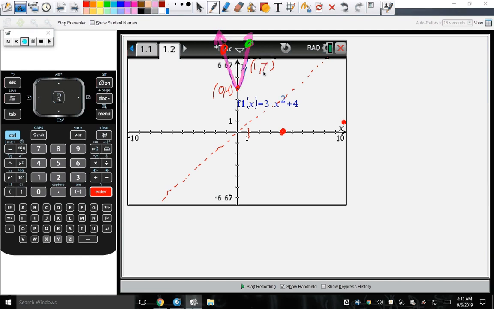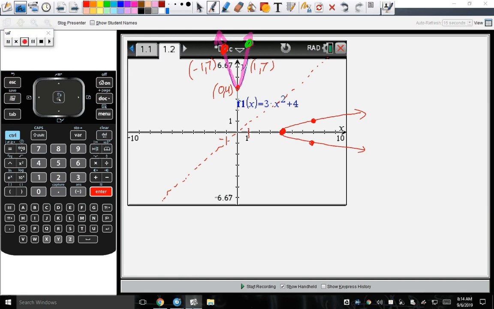So it would turn into 7, 1. So let's go 7, 1, there's the dot. And then if you put a negative 1, you would also get a positive 7. So the inverse would have 7, negative 1. So the graph ends up looking something like this. And you can already tell that it's not going to be a function because it fails the vertical line test.